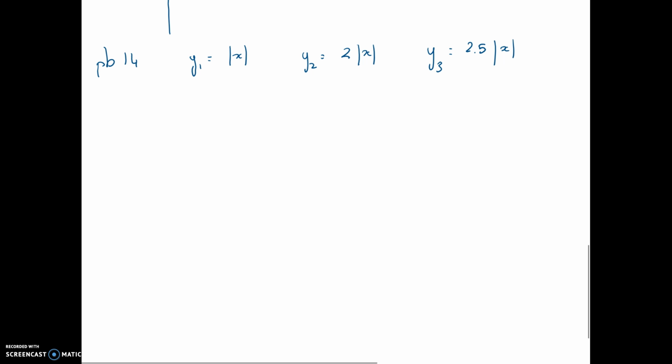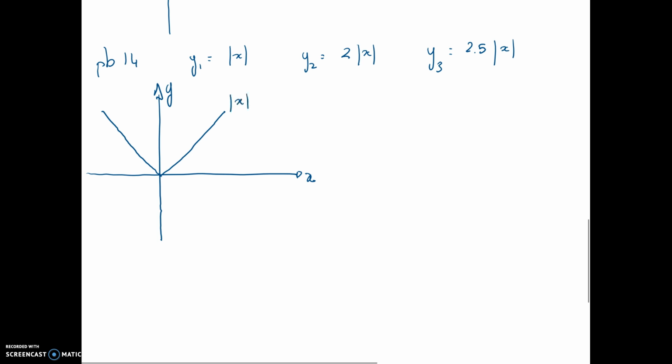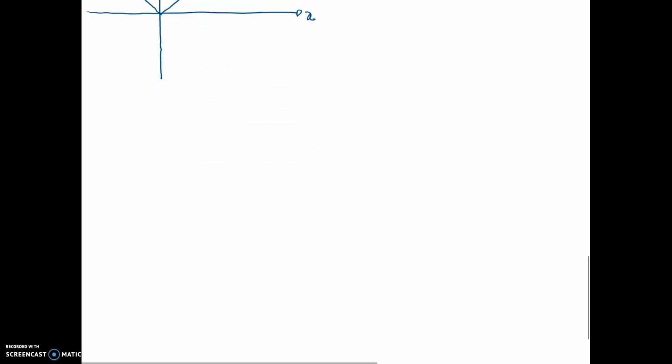Okay, so we can graph the first function. The first function, y1, the axis y, the axis x, and I know that is the basic function absolute value of x, y1. Now, I must take a look at y2. When I study y2, I can see that it's 2 times absolute value of x.